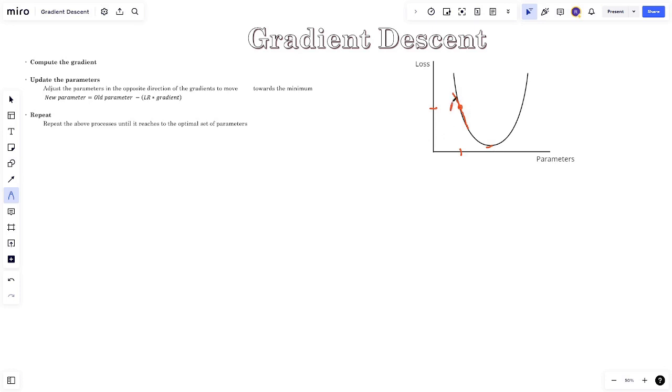Let us consider this point as A. So gradient at A is equal to negative something, right? Now what we want to do is increase the values of our parameters so that this point moves rightward. That means this point moves towards this point.